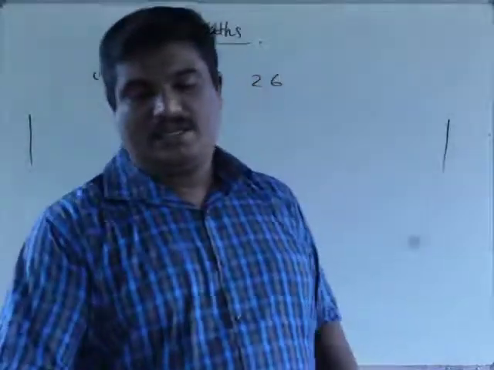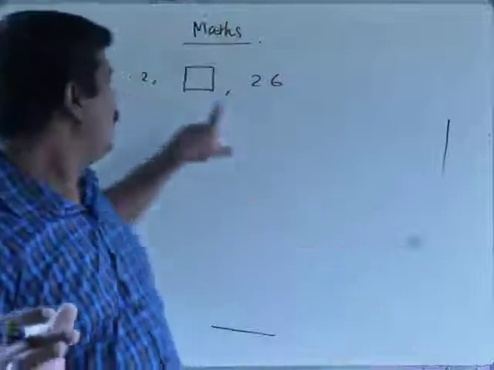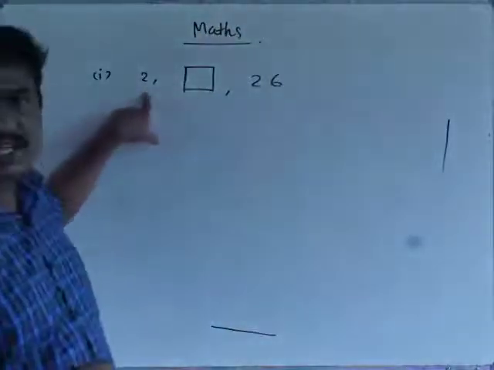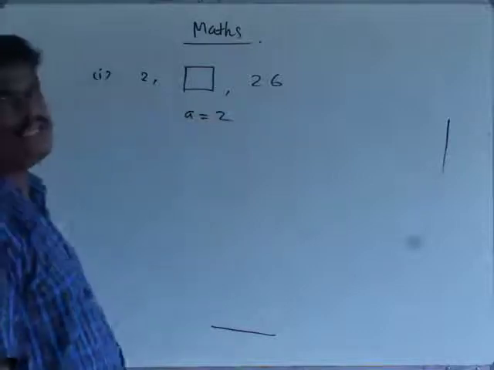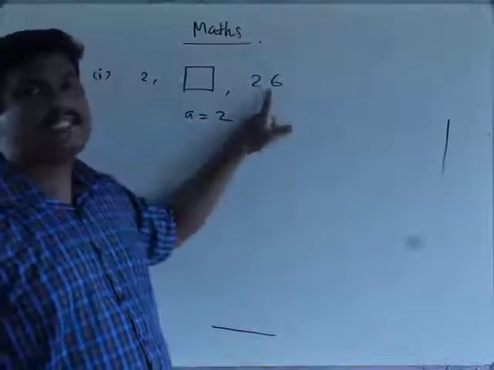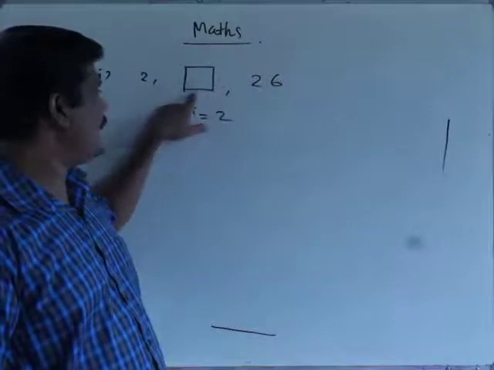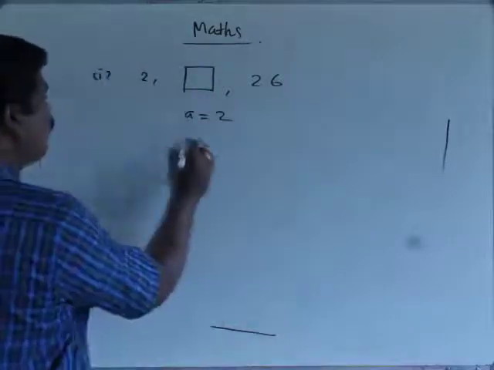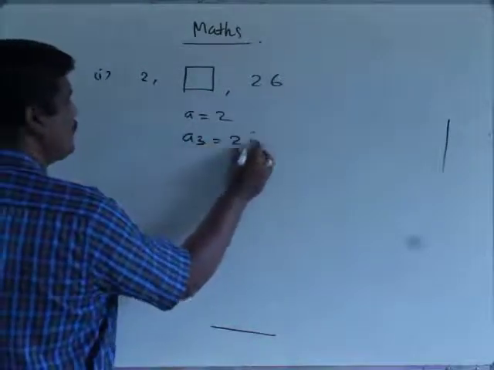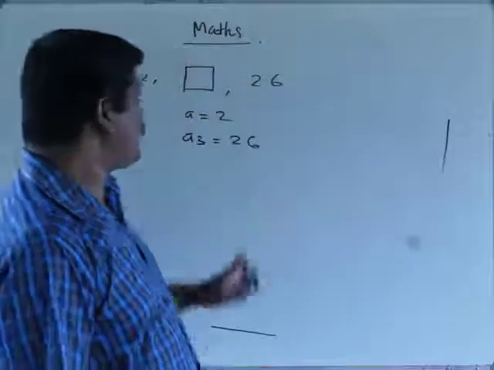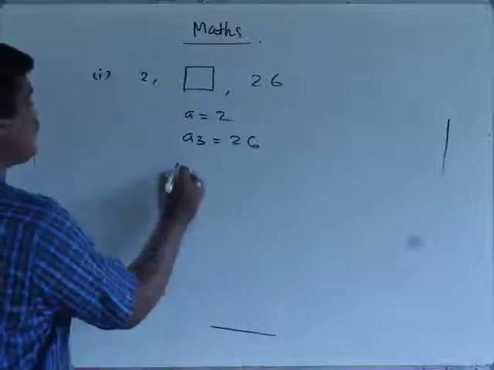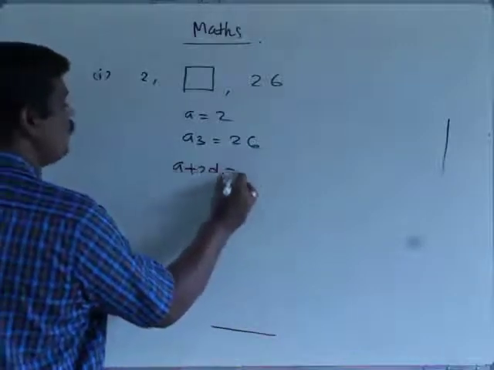Listen, here 2 is the first term, so a is equal to 2. Then 26 is the third term, so A3 equal to 26. A3 is expressed as a plus 2d, so a plus 2d equal to 26.